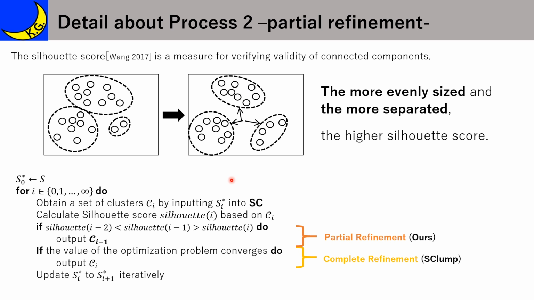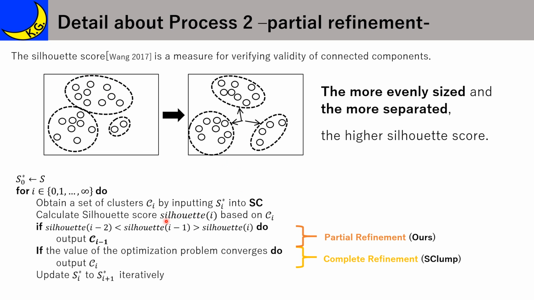We aim to ensure that the graph corresponding to a similarity matrix consists of connected components of equal size by the refinement process. Therefore, a partial refinement in our method stops the refinement process when this silhouette score reaches its highest.